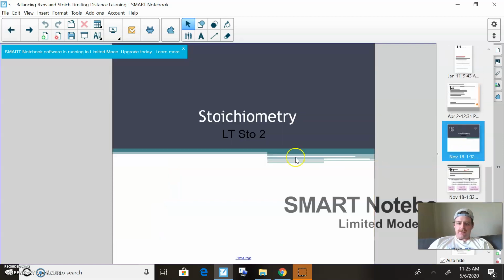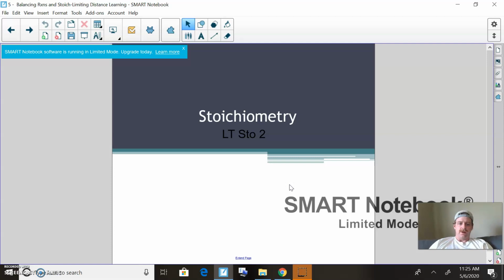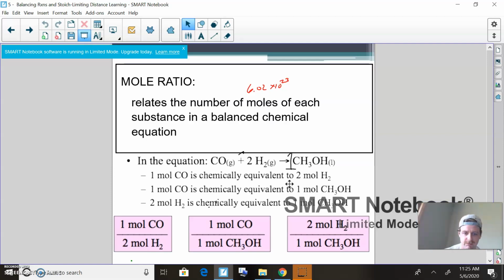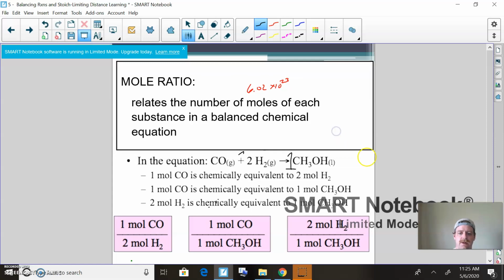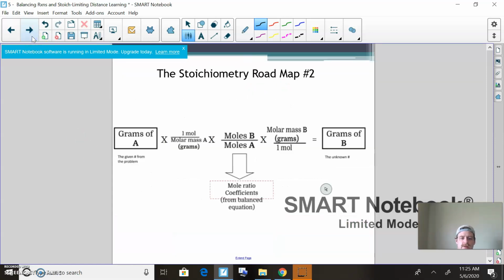What we talked about in stoichiometry 2 is this idea of what Mr. Hagstrom did with mole ratios. So you have these balanced chemical equations, and you have these things called mole ratios. So we have this base equation, and then we can do mole conversions like you just did.